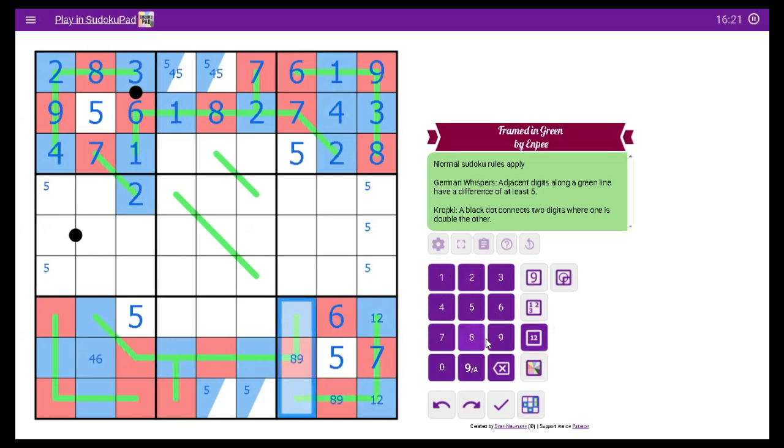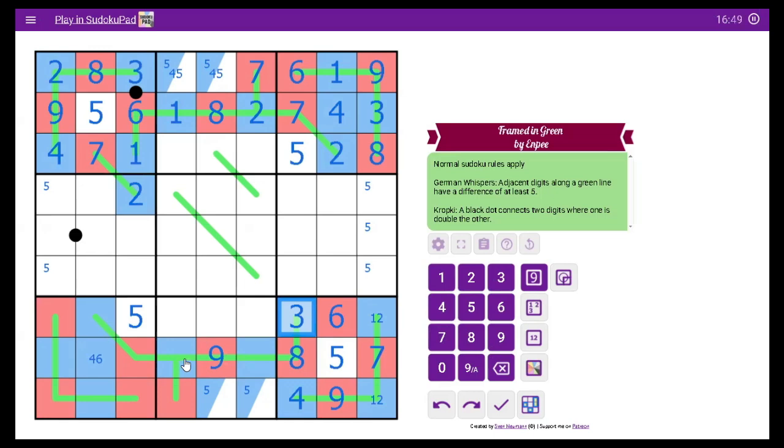So this is a 3, 4 pair. Now, this can't be a 6 or a 7 or an 8, so it must be a 9, which forces that to be an 8, which means this is a 9, which means that's a 4, and this is a 3. So far, things are going fine.